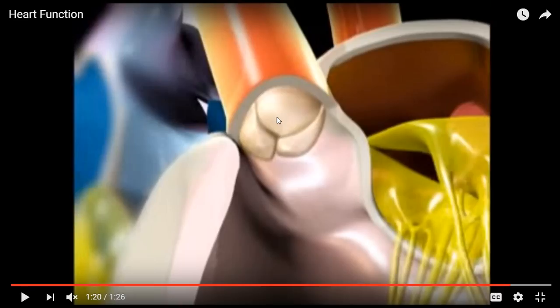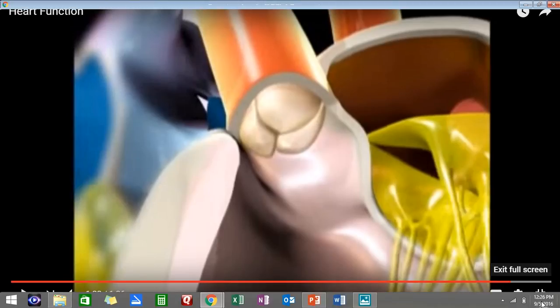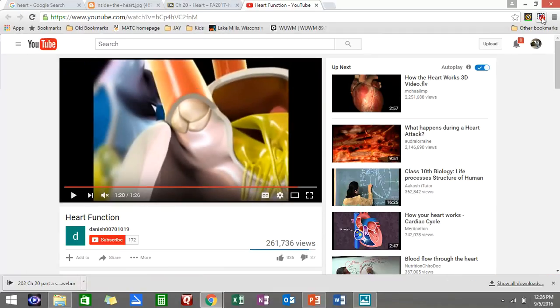Each of these is opened by blood pressure and closed by blood pressure. And you probably know that this closing is what causes the heart sounds, right? Lub-dub, lub-dub, lub-dub. We're just listening to the closure of those heart valves.